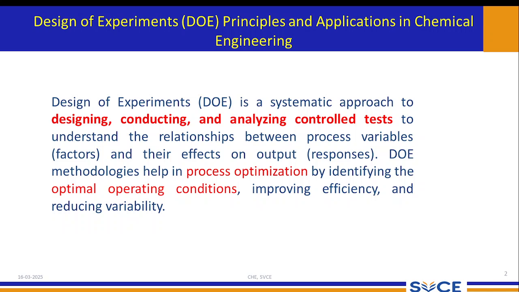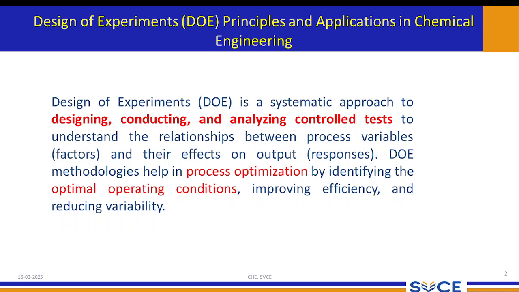For example, in a reactor, you have temperature, pressure, and concentration of reactant, which you can vary as independent variables, and the yield, the reaction output, or the efficiency of the reactor is a function of temperature, pressure, as well as the concentration of the reactant. So the independent variables are temperature and pressure, and the dependent variable is the yield.